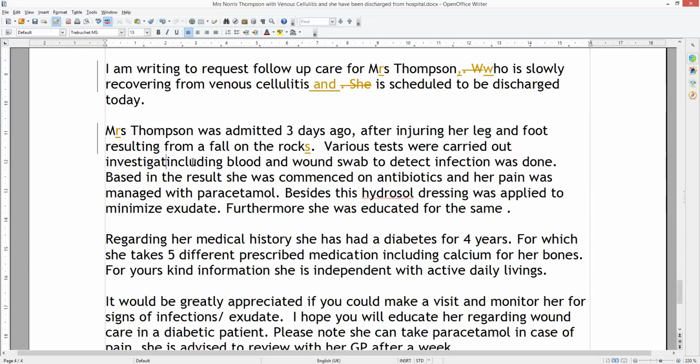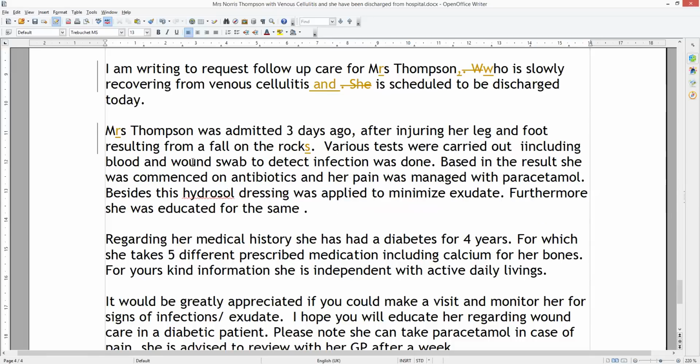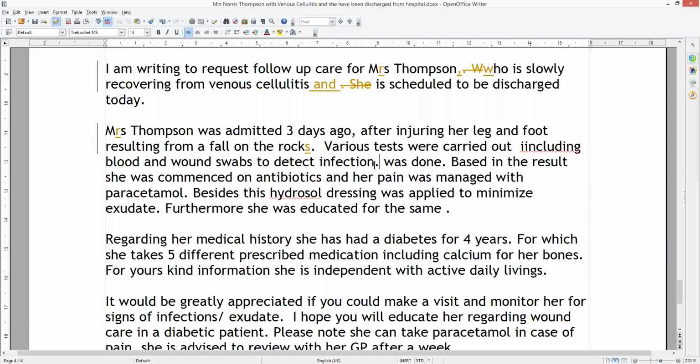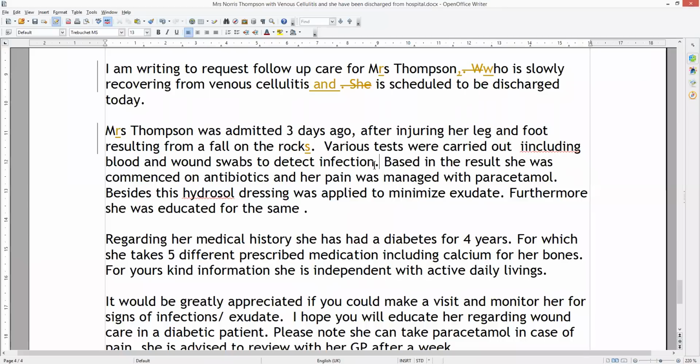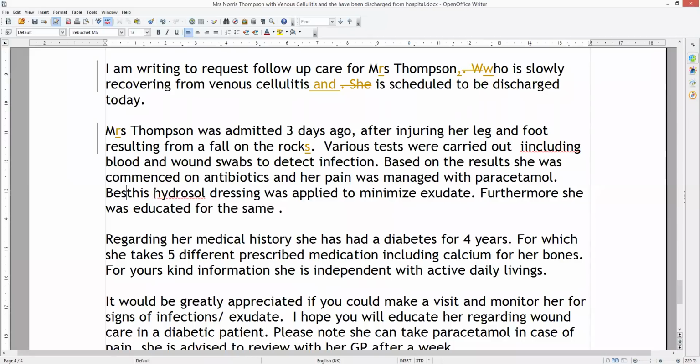Okay, various tests were carried out, including blood and wound swabs, so in general services, yeah, you make it a plural, to detect infection. Based on the results, because again, it's in general terms, based on the results, she was commenced on antibiotics, and her pain was managed with paracetamol. Besides means alongside. So additionally is better here.